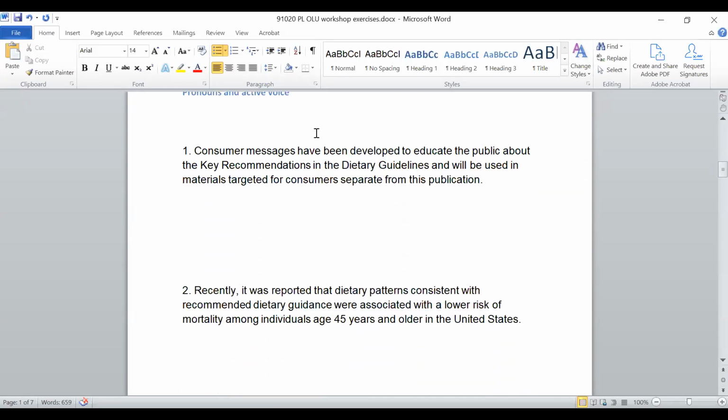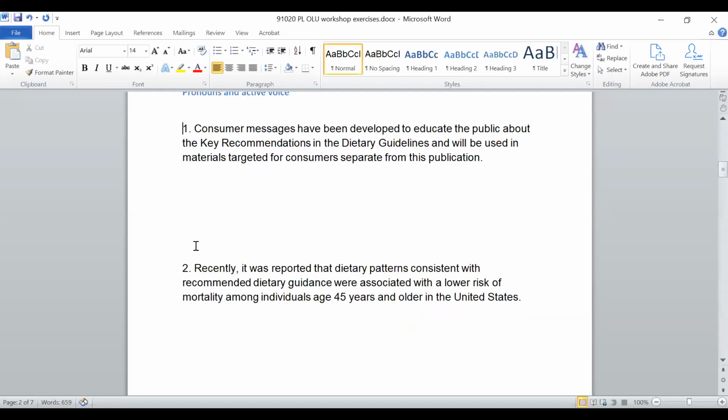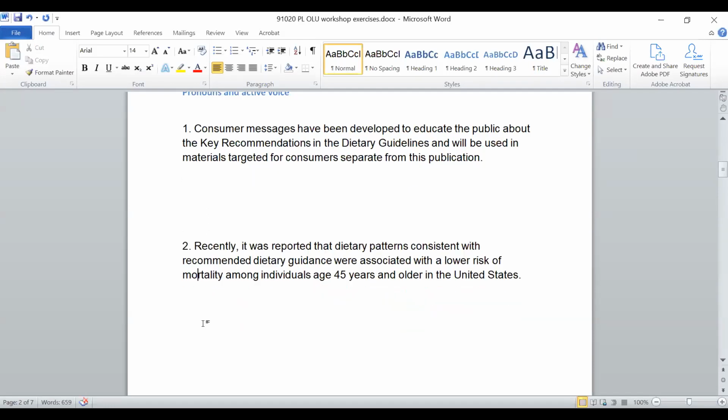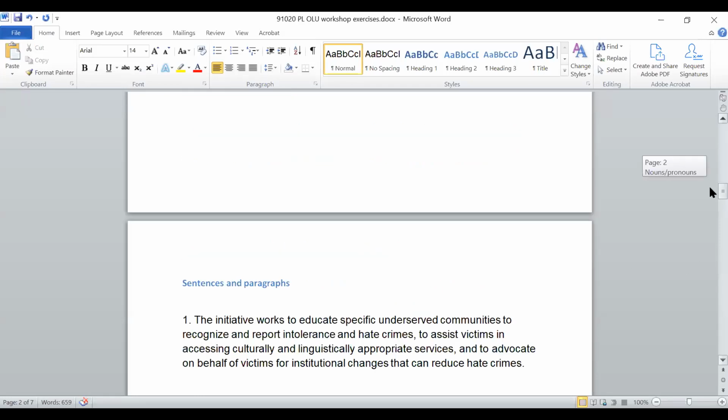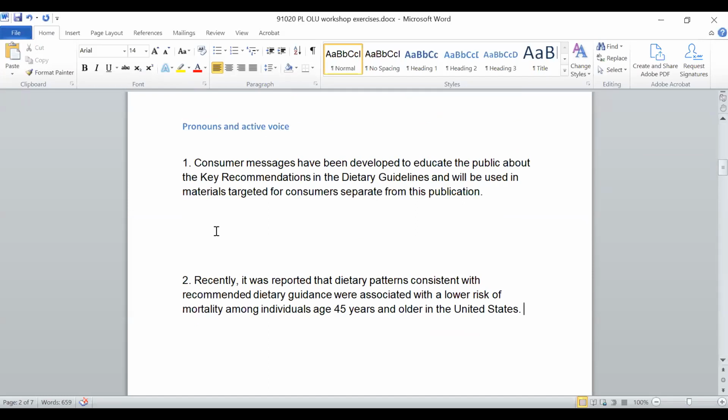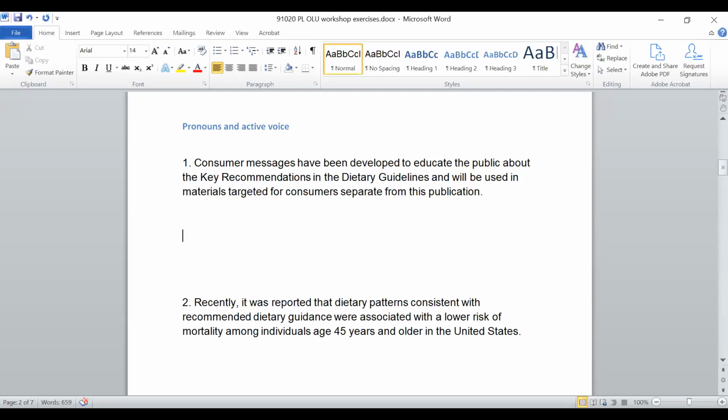Pronouns in active voice, which is a little bit like what we did just now. I'm seeing if I can give myself a little bit more room. Okay, we have 2 things here. Assume that this is from the agency. That's my working assumption.